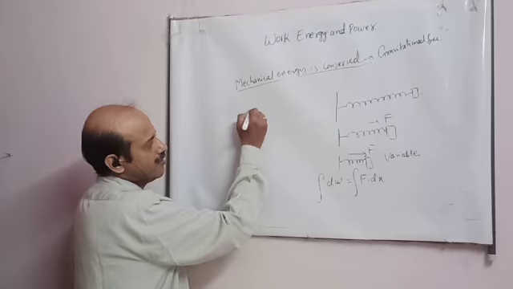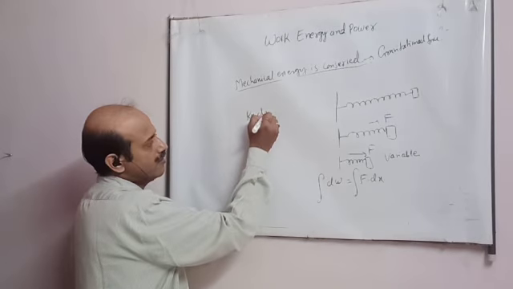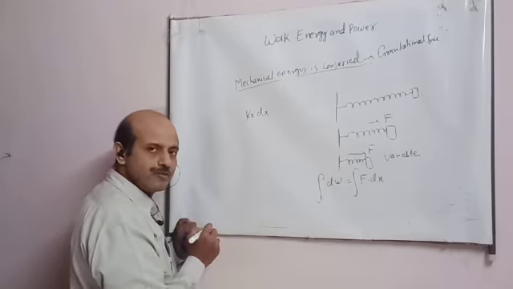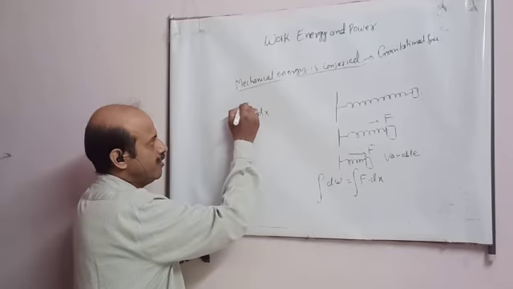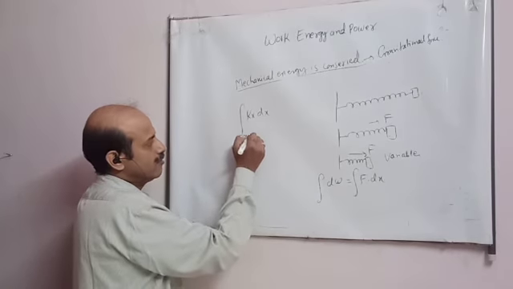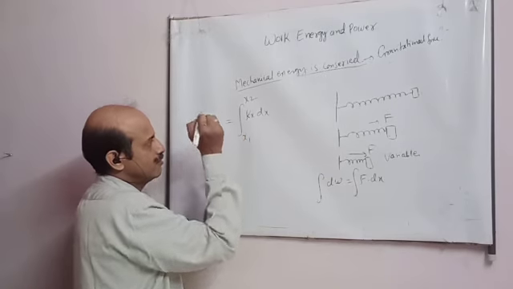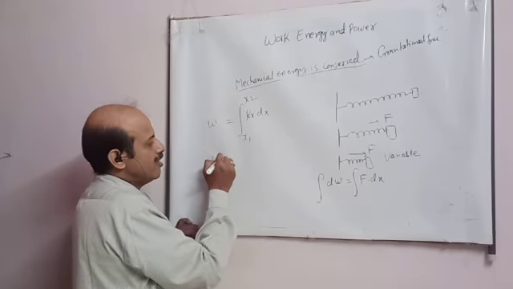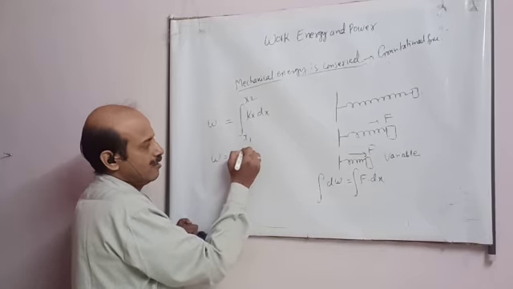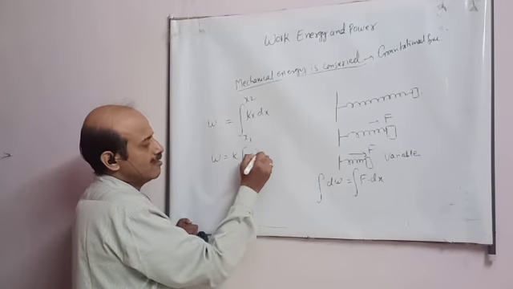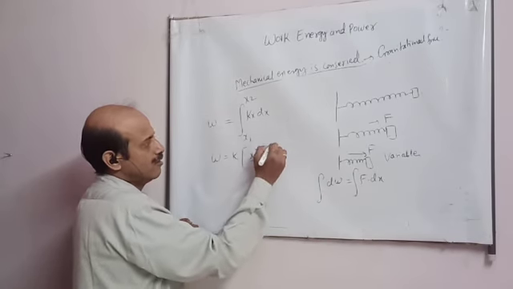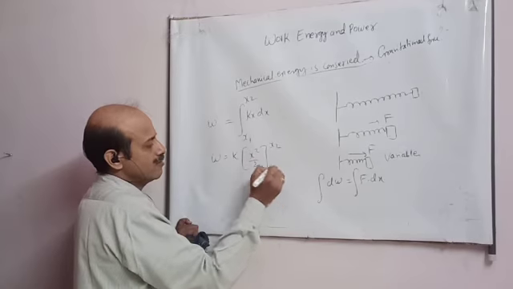F is kx, so we integrate kx dx. The minus sign is only for showing the direction. I am integrating between limits, which will give the total work done. K is constant, so k comes out, and the integral of x is x square by 2, from x1 to x2.